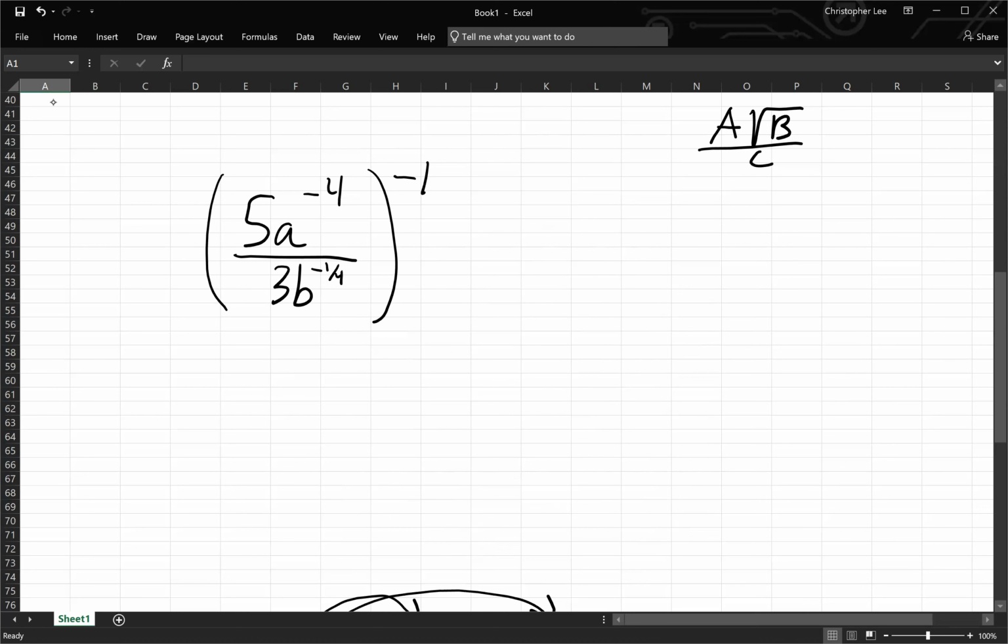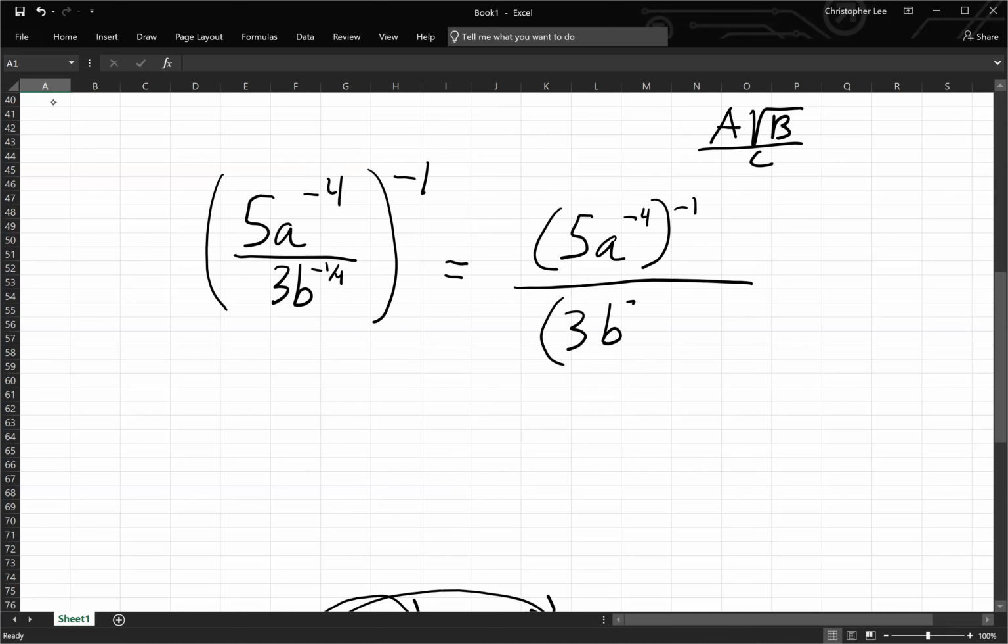For this one, I would put the negative power on each of them individually, and then I'll solve it, right? So I would make 5a to the negative 4 raised to the negative 1 power over 3b to negative 1 over 4 raised to the negative 1 power, like that.